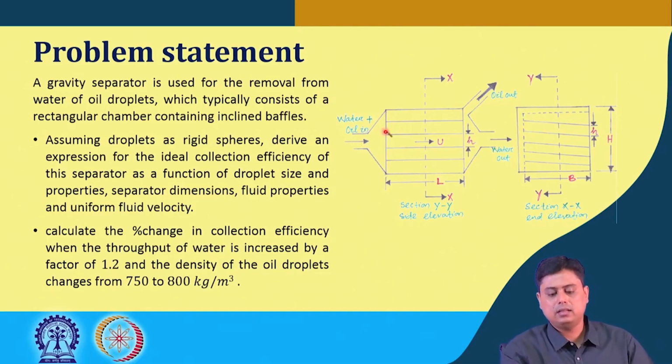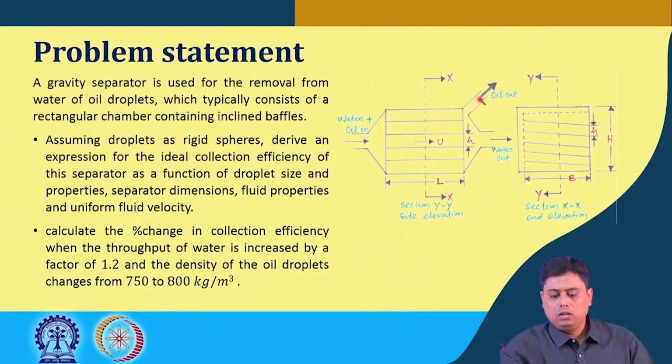As the water and the droplets travel through the spaces in between the baffles, the oil droplets will try to come up and stick to the under surface of these baffles, and then the oil droplets will go up and the water will go in a different direction.